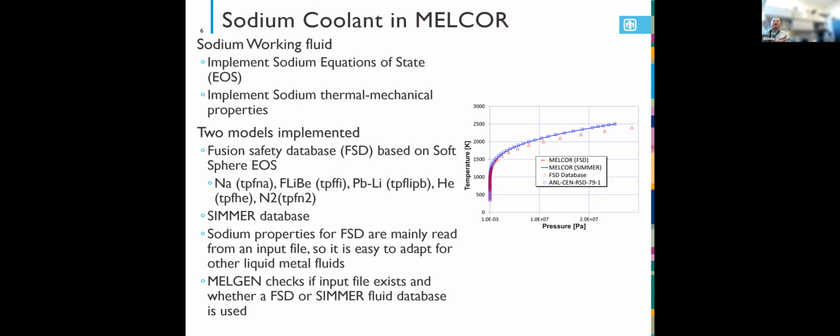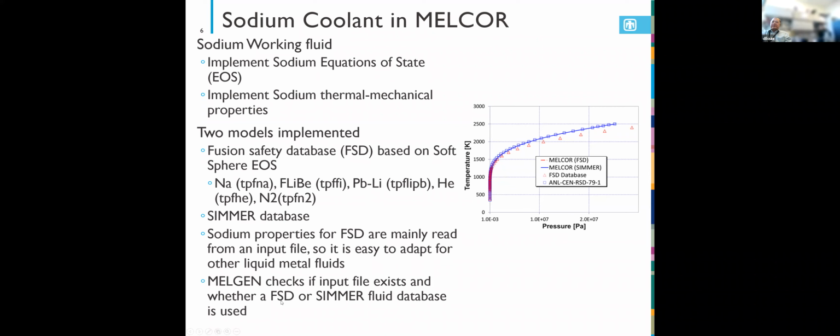Like I said before, the fusion folks in Idaho implemented their so-called fusion safety database based on the soft sphere EOS, and it shows some of these liquid metals or materials that are input using the soft sphere EOS, and it's a file. So all the property input is as files. And then we have a similar database, which is hardwired into MELCOR.